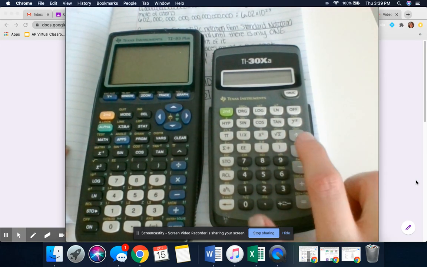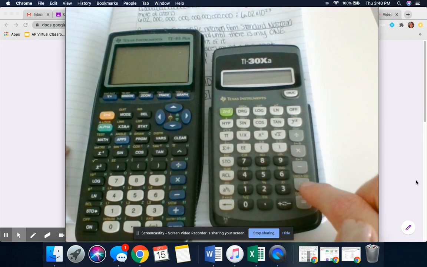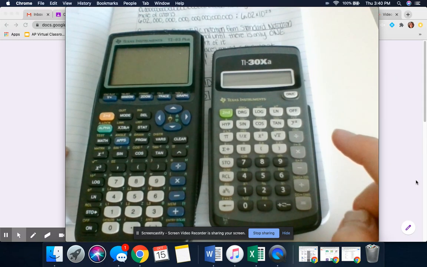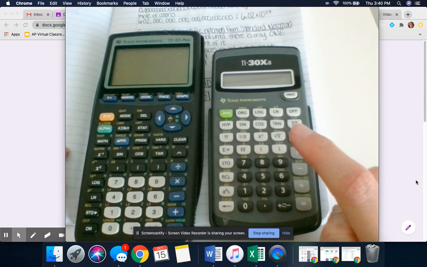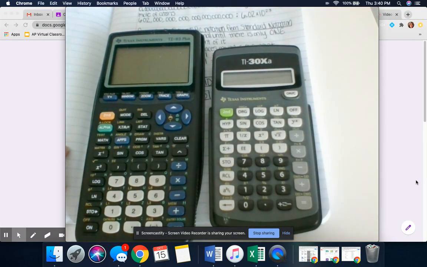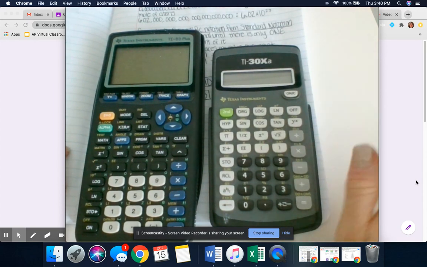So instead of having to hit times 10, and the caret, I don't even know where it is on this one because I never use it. Instead of having to write all that, I just have to hit EE, and that's it.